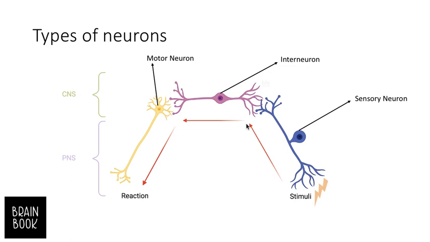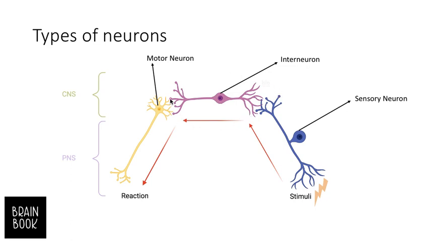Here you can see that the sensory neuron senses the stimuli from the environment and our sensory organs. The information will be transmitted through the dendrites and axon of the sensory neuron and go from the PNS, the peripheral nervous system, to the CNS.